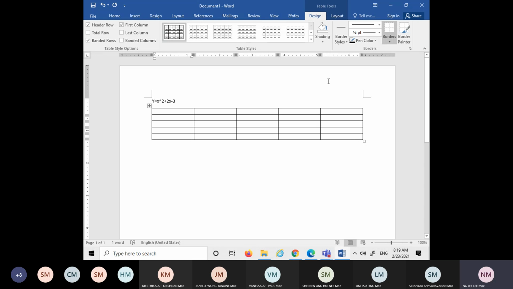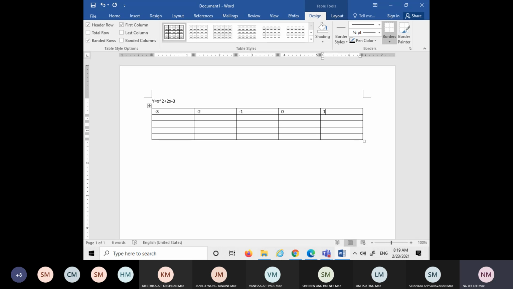The points they give here start from -3, then -2, -1, 0, and then 1.